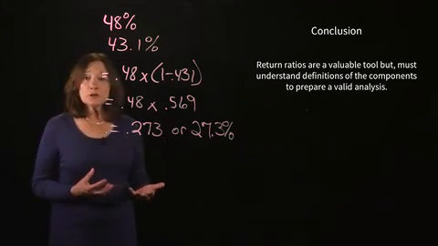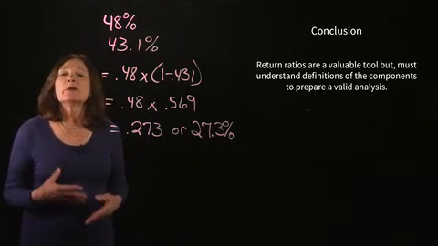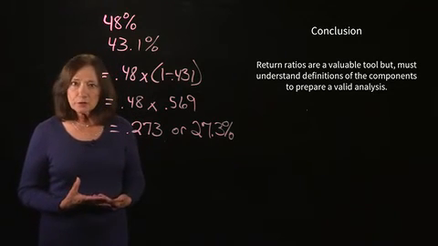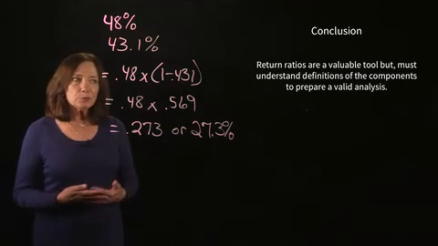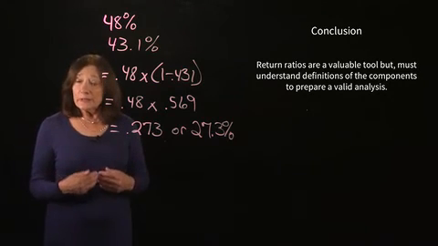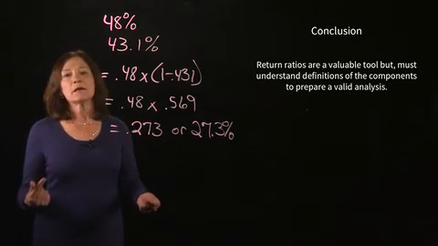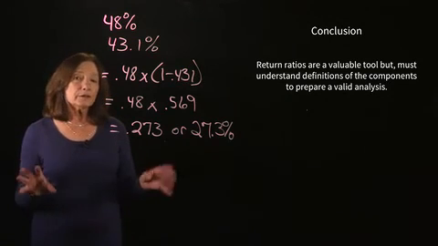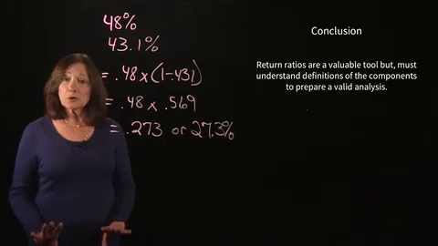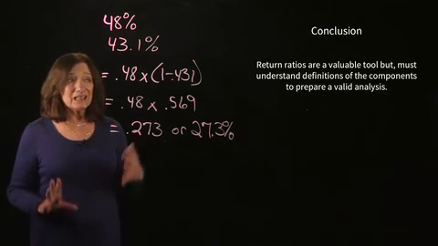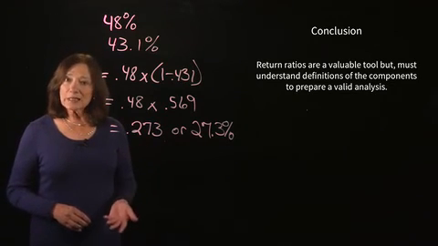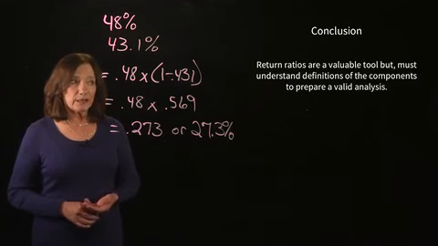Now, in conclusion, what we've seen is that we have a lot of return ratios and they're a valuable tool, but we need to make sure that we understand, if someone else has done this calculation for us, what the individual components were that were used to get the resulting return on assets and return on equity.